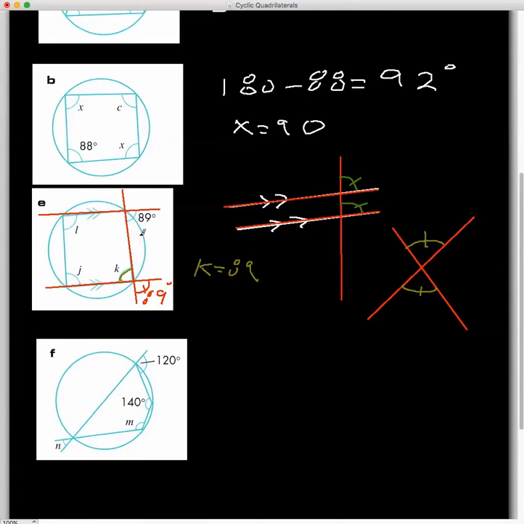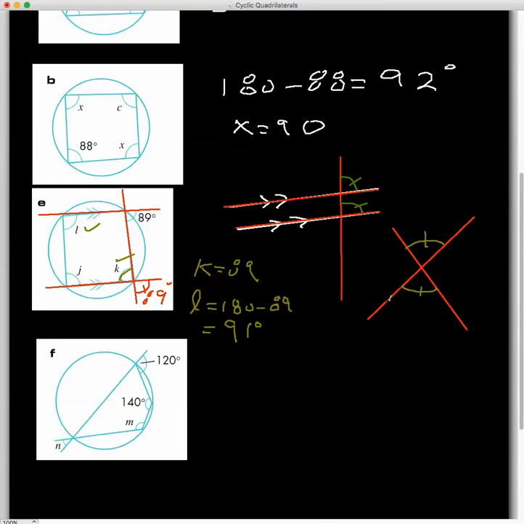Okay, so that gives me K, and of course K plus L have to be equal to 180. So L is equal to 180 minus 89, and so that gives us 91 degrees. So we have L and we have K so far.